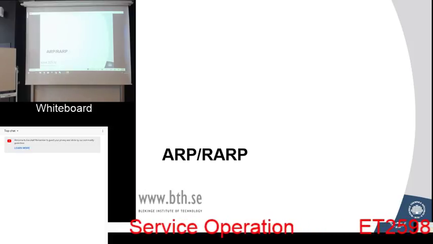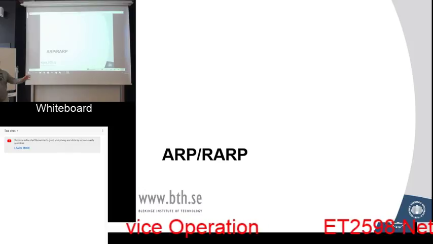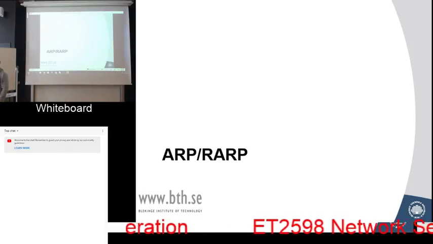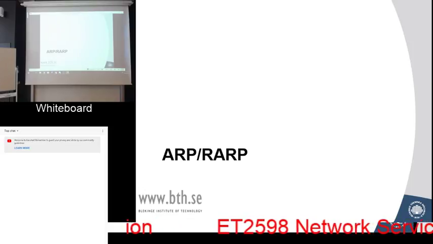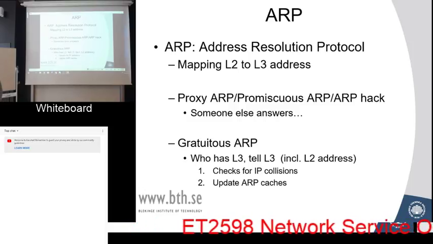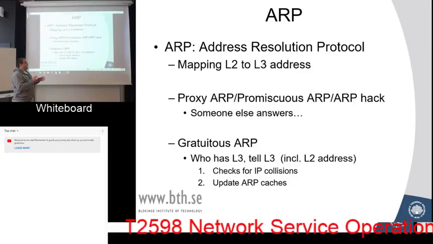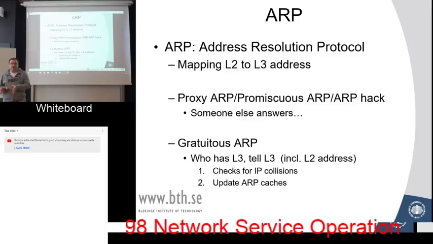So ARP and RARP. We encountered ARP in our previous lecture, IP Basics, remember? Address Resolution Protocol. This is when we translate from a layer 3 address to a layer 2 address.